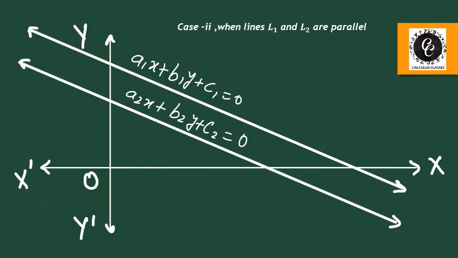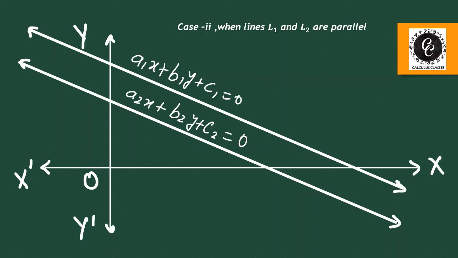Here I am looking at case 2. If we plot the graph of both equations and get parallel lines, they will not intersect each other anytime. It means there will not be a single value of x or y common to both equations, so there will not be any solution for this case.